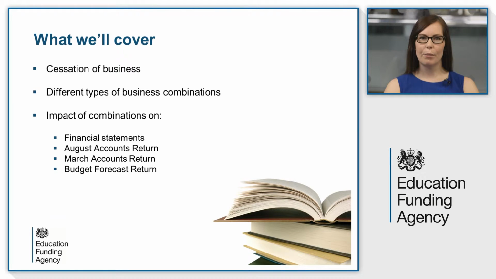So we wanted to provide you with some information on accounting for these, together with the practicalities surrounding submissions of returns to EFA, which are the financial statements, sometimes called accounts, the budget forecast return, and the accounts return, both March and August. I'll also explain what you need to submit to Companies House.